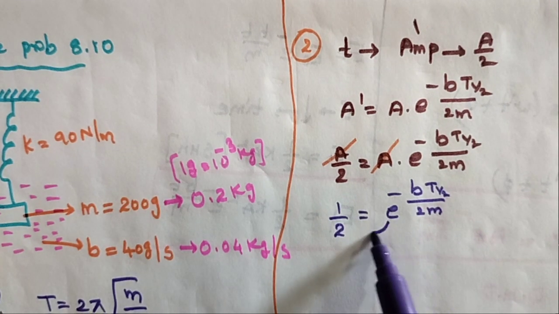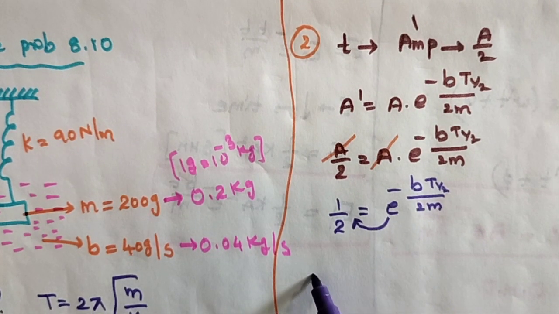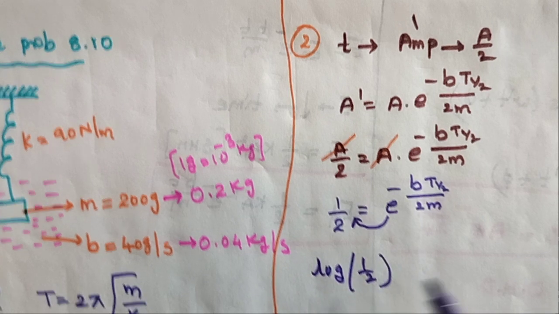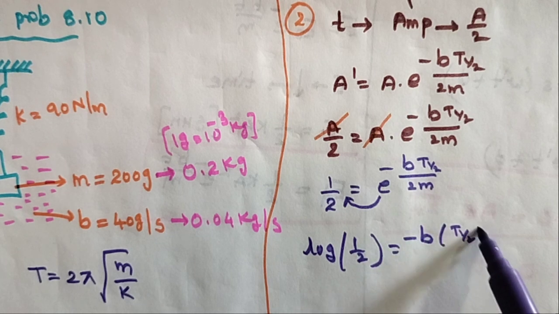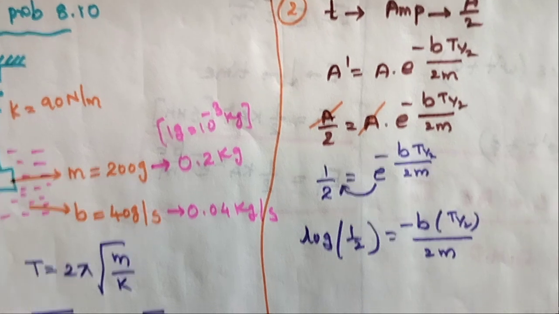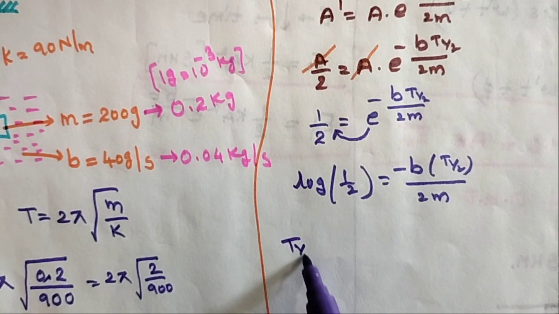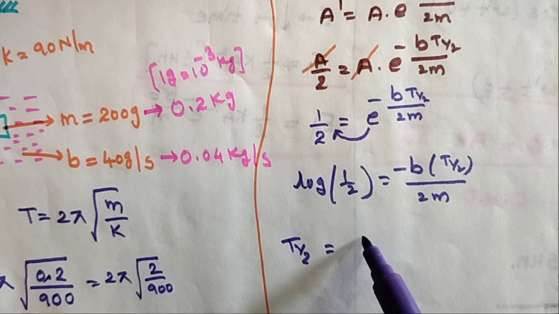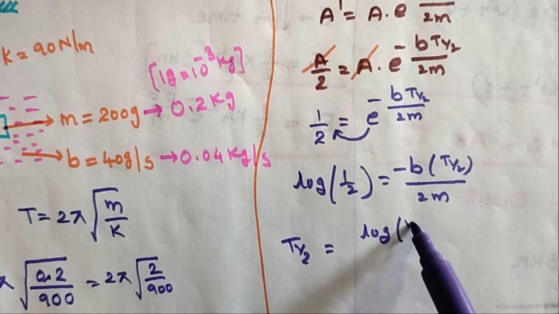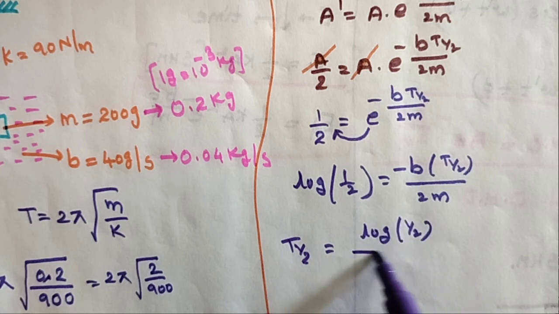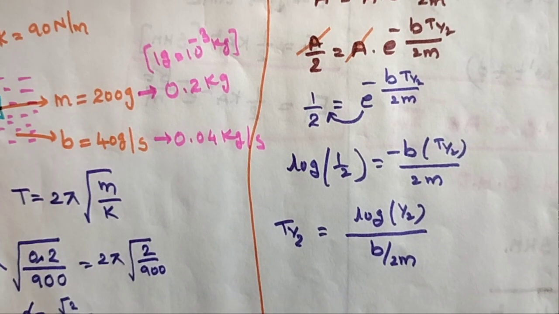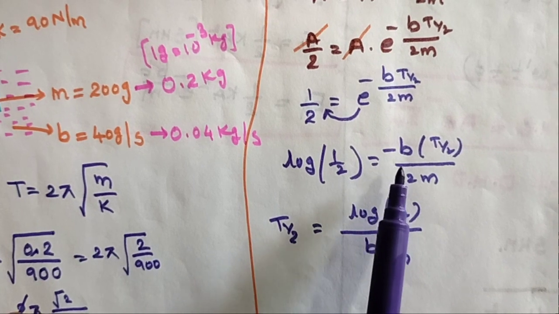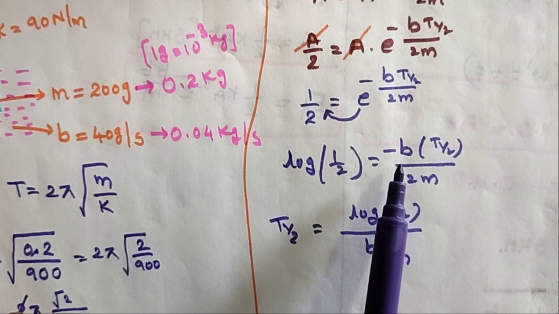Taking log on this side, log 1 by 2 is equal to minus b t off by 2, and t off is equal to log 1 by 2 times 2m by b. The minus means just the opposite, so I am not taking the minus value.